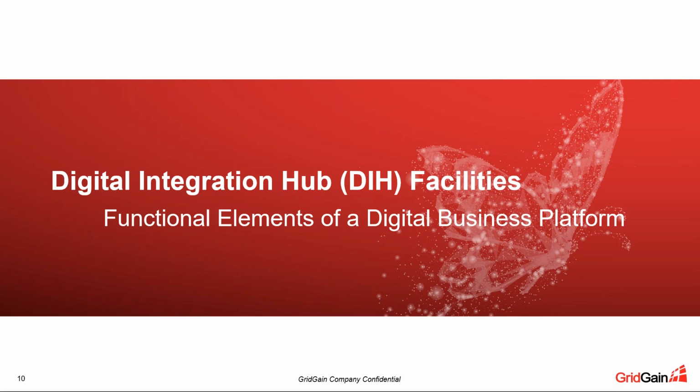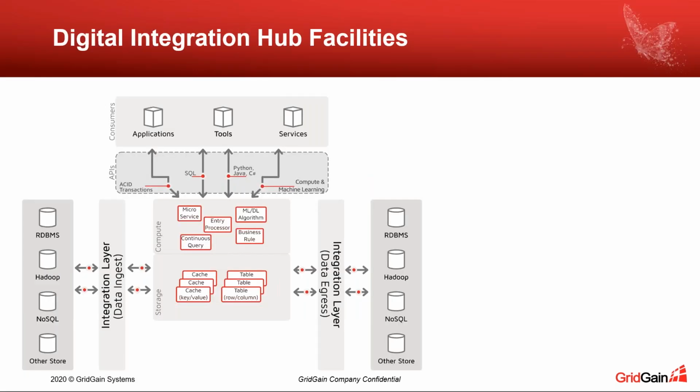As we move from fitting a digital integration hub into a technical framework and its architectural characteristics, we want to look at the facilities that it needs to deliver that architecture. So again, seeing this horizontal digital integration hub diagram, we see the three core areas where Apache Ignite provides facilities.